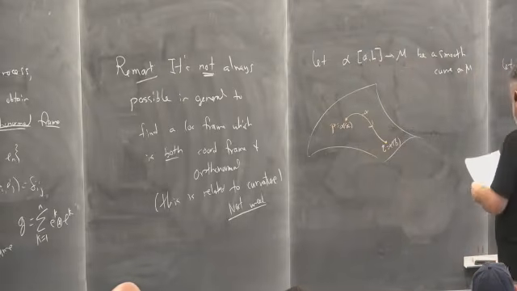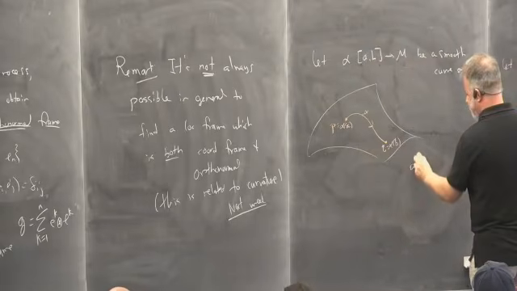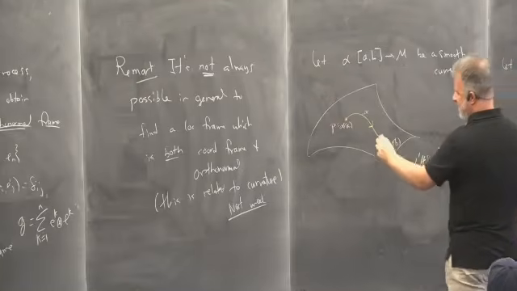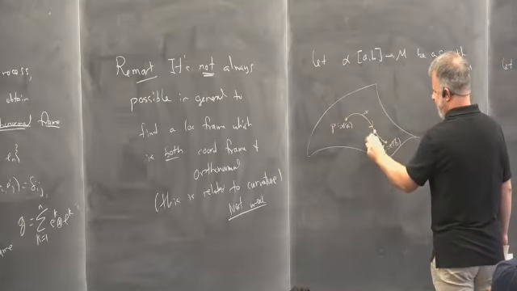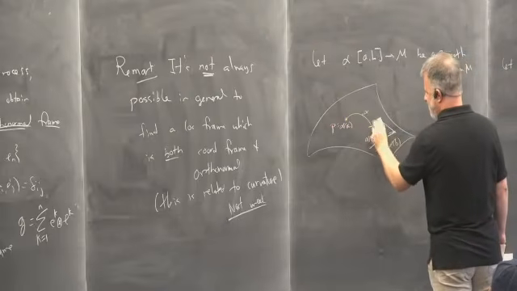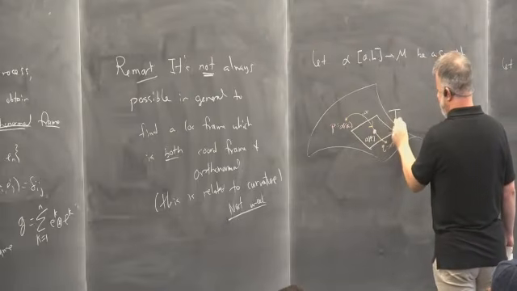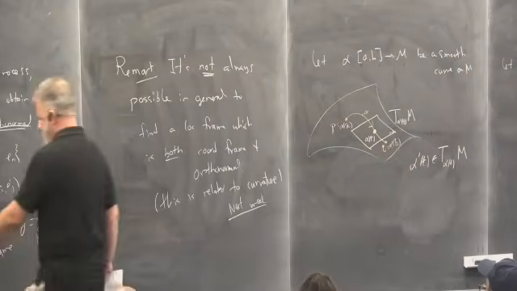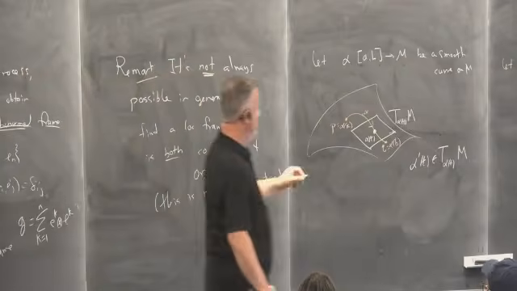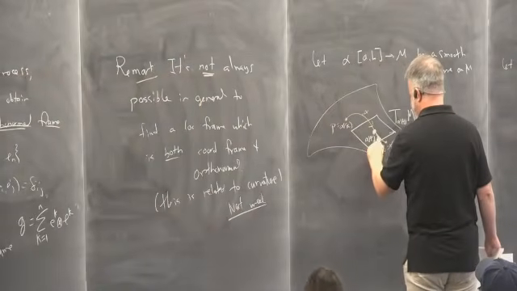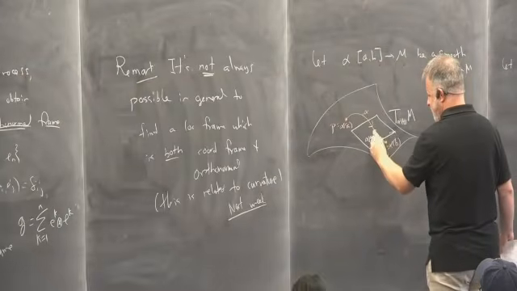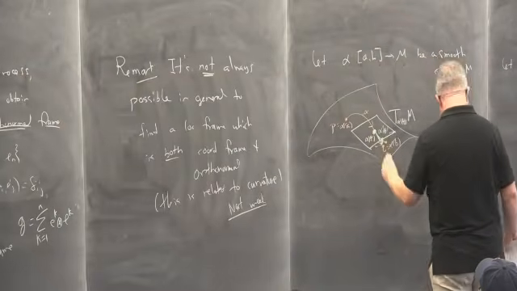If I have a curve like this, well, we know that the velocity vector alpha prime of t is in T_alpha(t) M, the tangent space. So if this is alpha at time t, and that's the tangent space at alpha(t) to M, then the velocity of the curve at that point is a tangent vector in this tangent space, alpha prime of t.